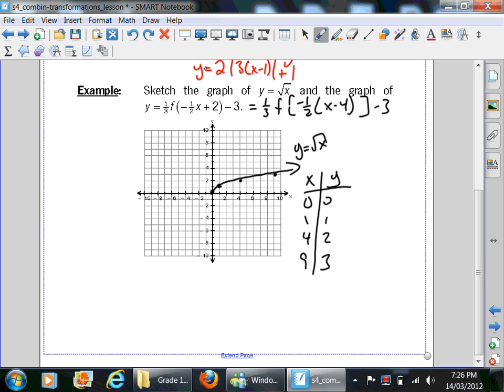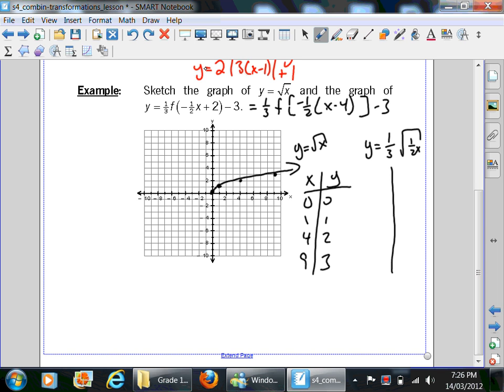And now we're going to use y equals 1/3, so I'll multiply the y values by 1/3, and then that 1/2 on the inside, the square root of 1/2 x, is going to multiply the x values by 2.